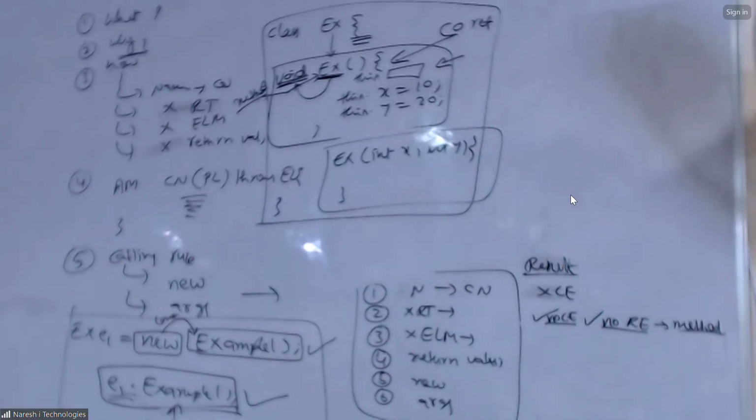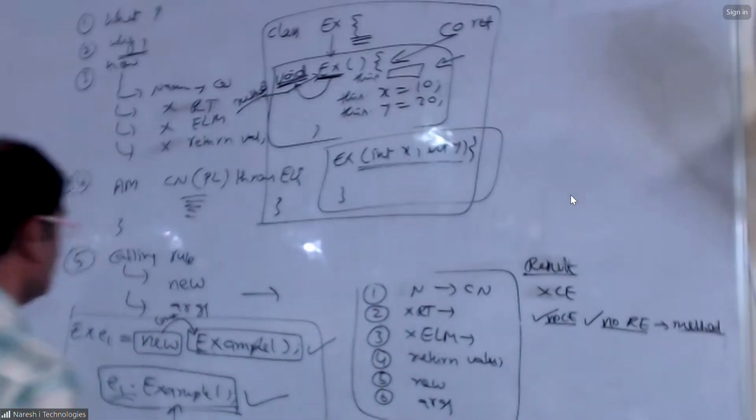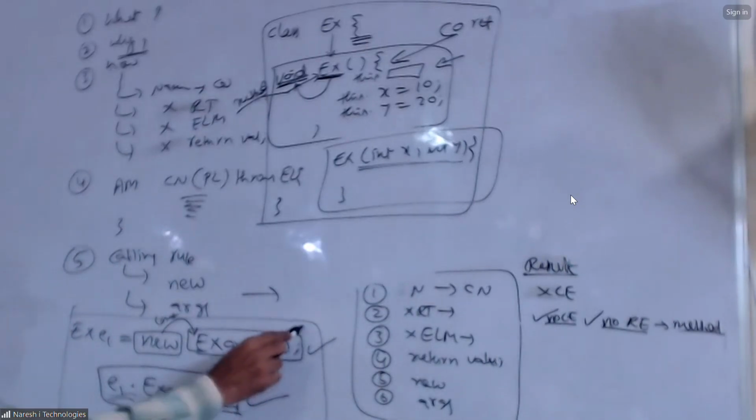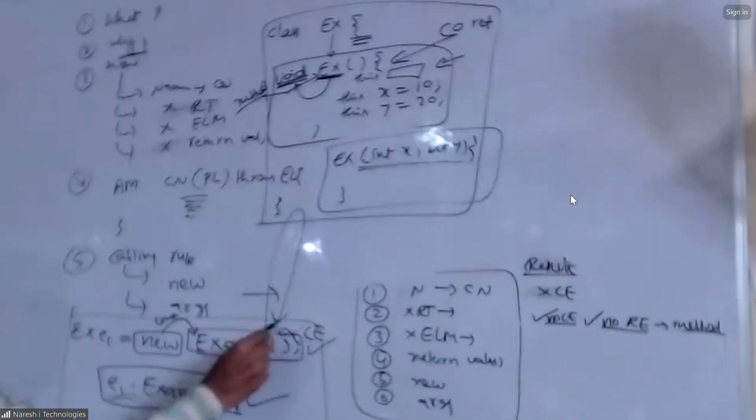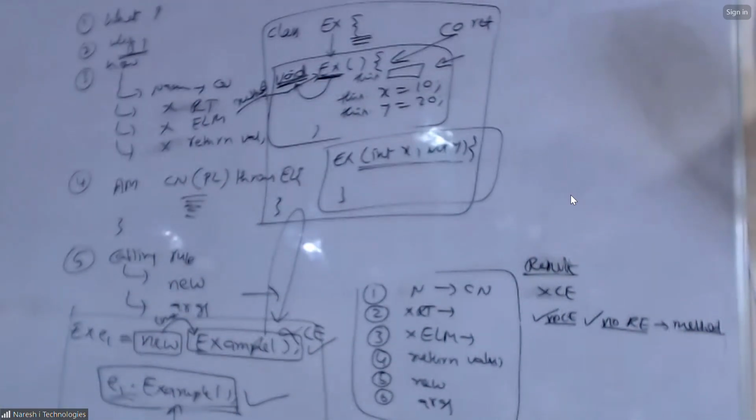Then in this class, do you have a default constructor? No. The compiler will not add a default constructor because you have placed a parameterized constructor. Then Example e1 = new Example() leads to a compile time error because the default constructor is not available in the class.